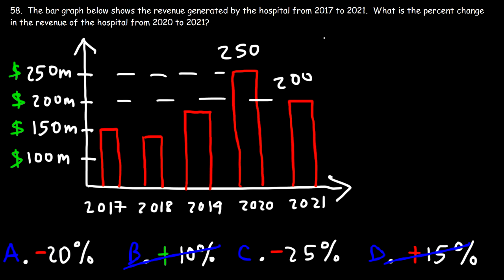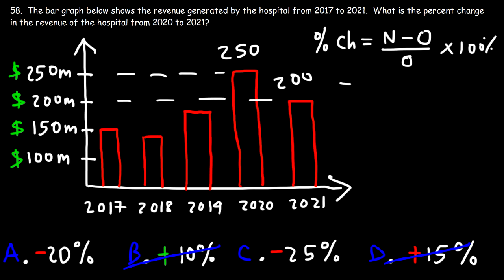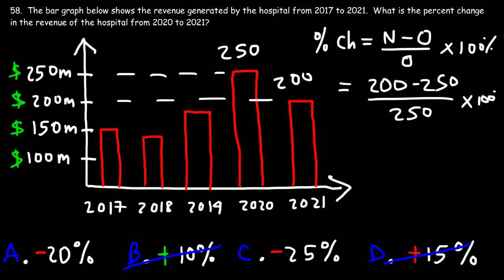So to calculate the percent change, the formula is going to be the new value minus the old value, or the original value, divided by the original value times 100%. So the new value in 2021 is 200 million. The original value is 250. So 200 minus 250 is negative 50.